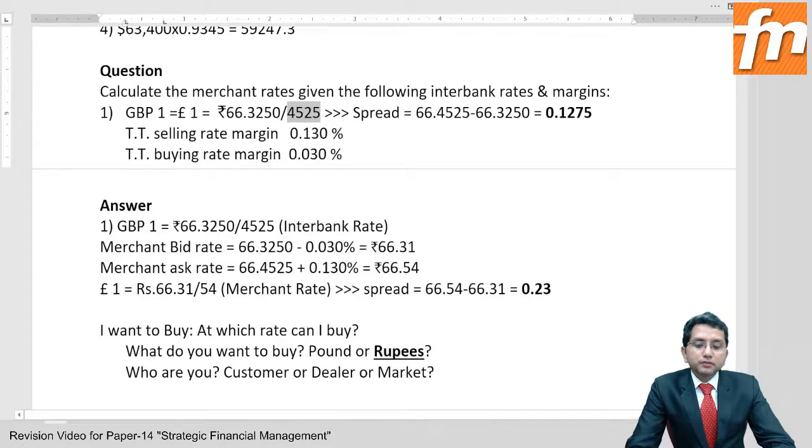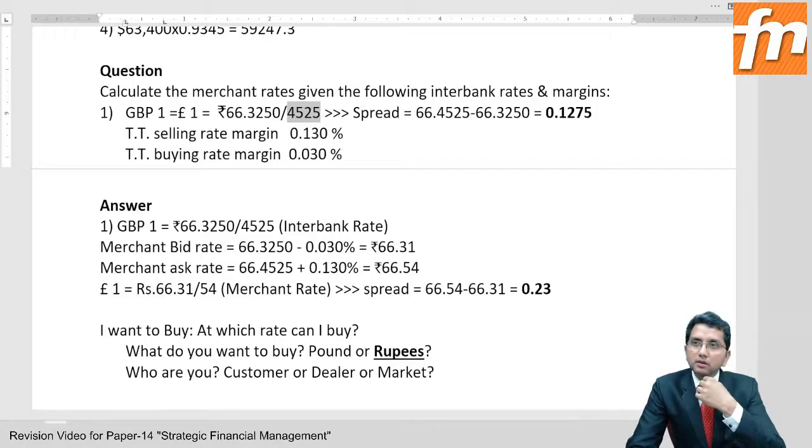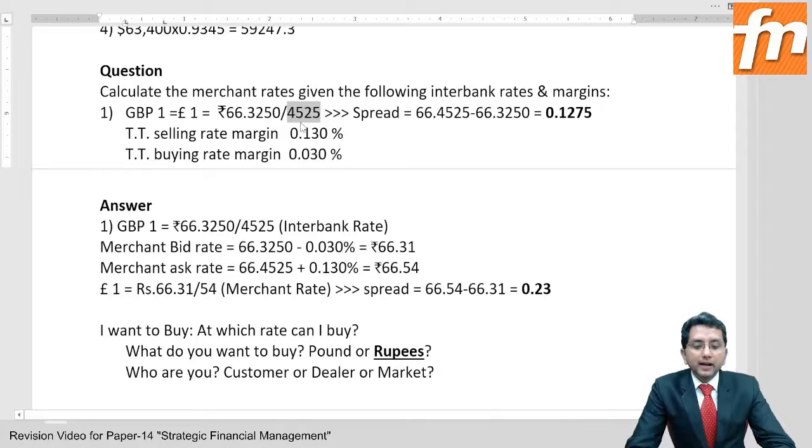So suppose I want to buy 1 lakh pounds. Suppose I am the quote taker, because nothing is specified, I'll be able to buy it at 66.4525. Now I want to buy 1 lakh pound. So this should be multiplied by 1 lakh. It will become 66 lakh 45,250 Indian rupees to buy 1 lakh pounds.